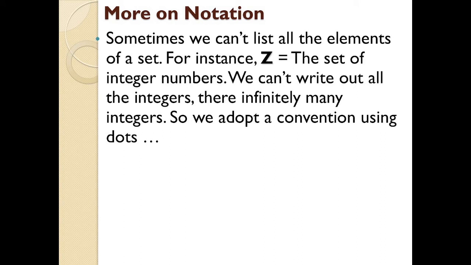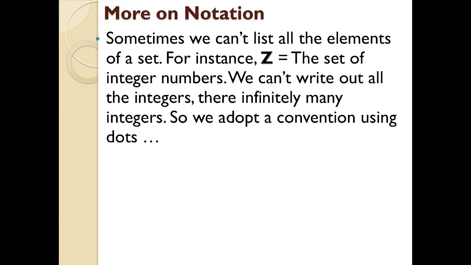More on notation. There are what you call symbols. We often use the letter Z for the set of all integers. So again, the letter Z is the set of all integers.